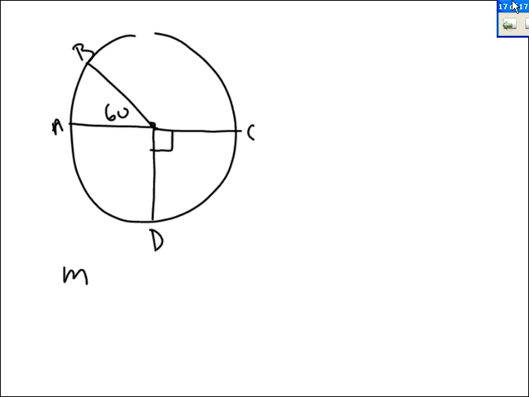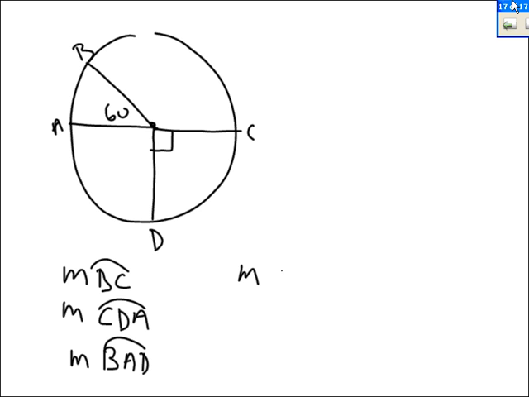You are asked to find the measure of BC, the measure of arc CDA, the measure of arc BAD, and also the measure of arc CBA.